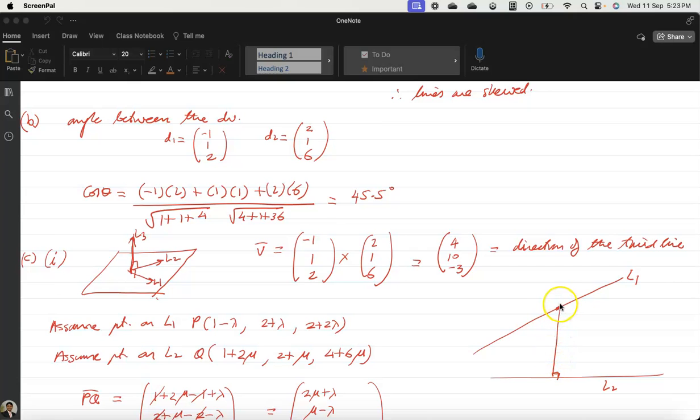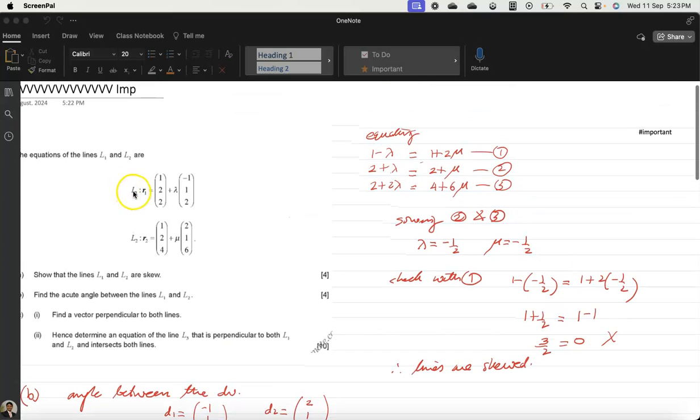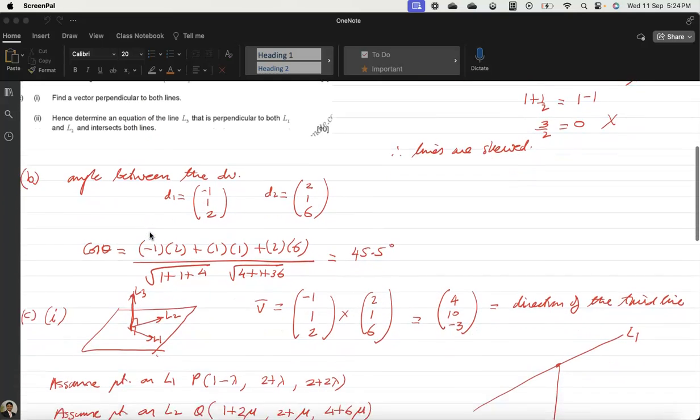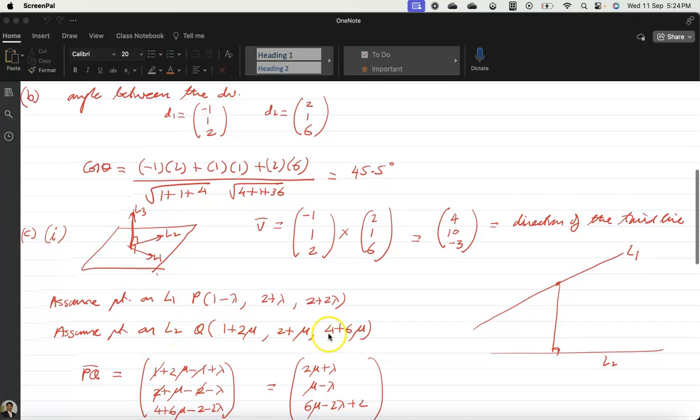So now what we need to do is assume a point P on line 1. We use the parametric equations: x is equal to 1 minus lambda, y is equal to 2 plus lambda, z is equal to 2 plus 2 lambda. And similarly we call a point Q on the line L2, using the parametric equations.